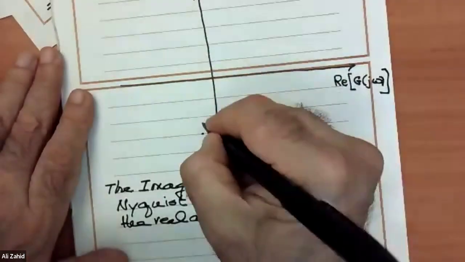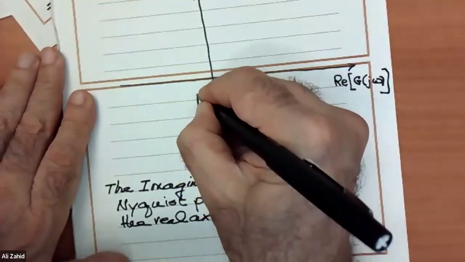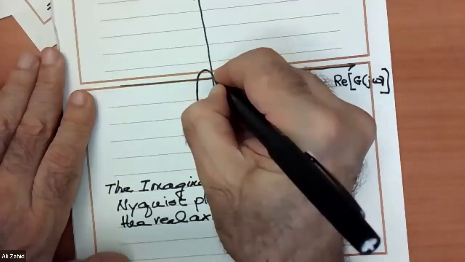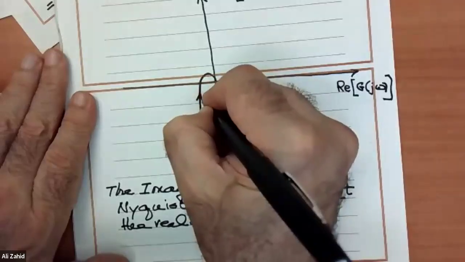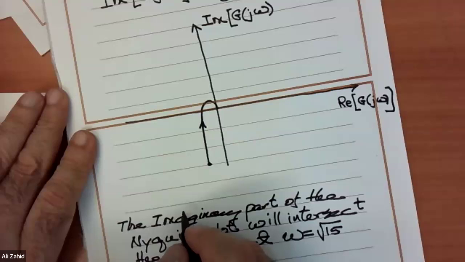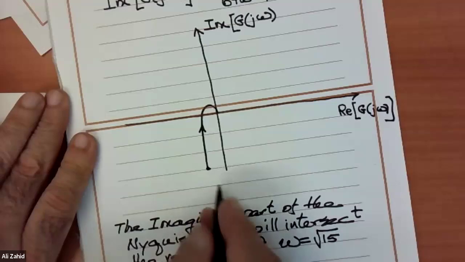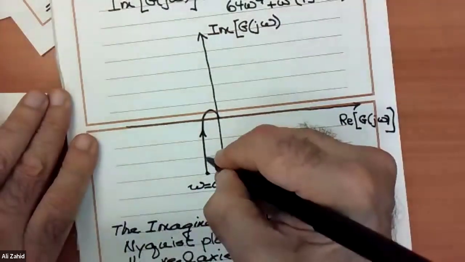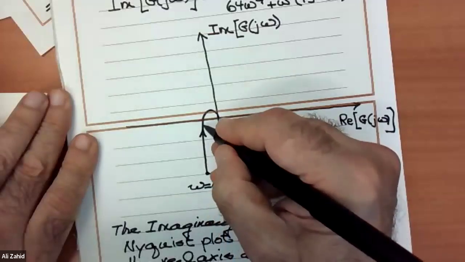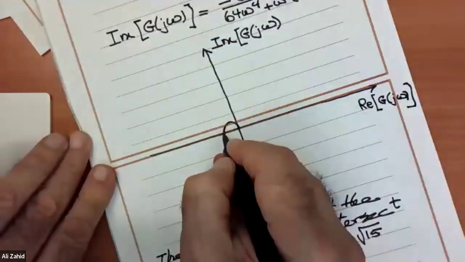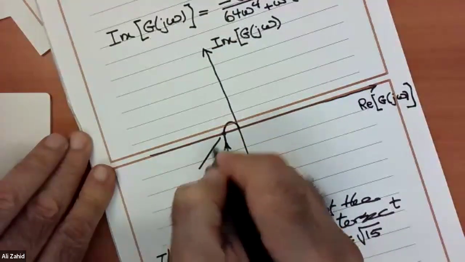So follow me. One more time, what is omega here? This is omega equal to 0. What am I doing? I am increasing omega. When I reach here, what is omega?